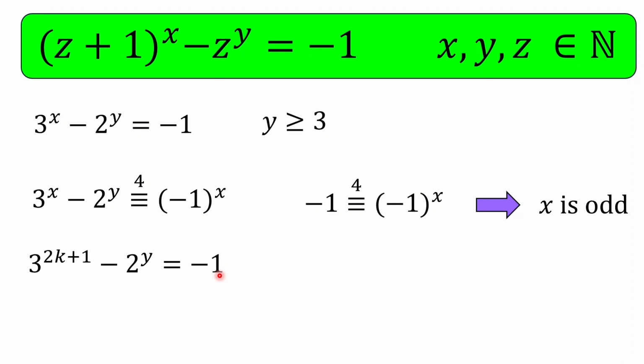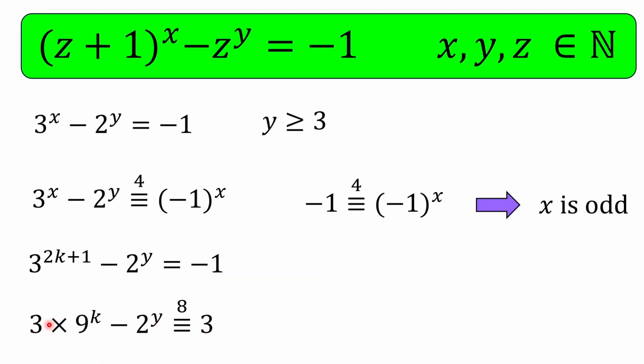Now we calculate this side of the equation again, modulo 8. Because we know that y is equal to or larger than 3, 2^y at least has 8 in it, so this will be 0. This part we can write as 3 times 3^2 to the power k, and 3^2 is 9. 9 modulo 8 is 1, so 3 times 1 will be 3.